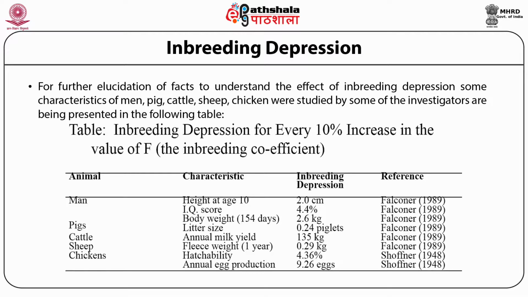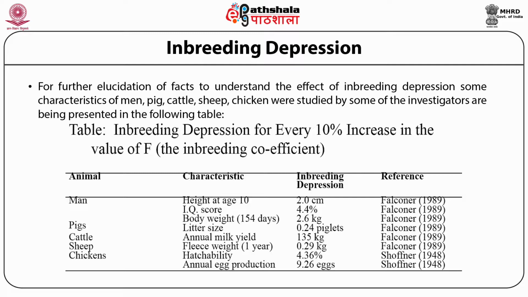As you can visualize, for man, the characteristic of stature or height at age 10 shows inbreeding depression of 2 centimeter. Similarly, the intelligence quotient of men has 4.4% inbreeding depression.